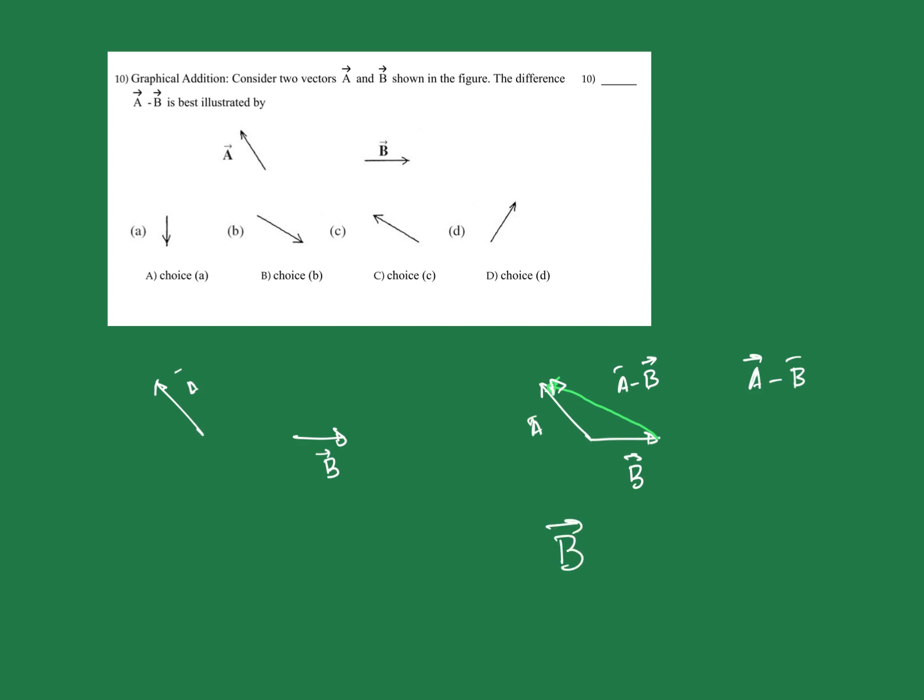This vector V plus A minus V is equal to what? Well, V and V cancel, so it is equal to A. So this is the vector A minus V. So in the picture, I think that this is the correct answer, C.